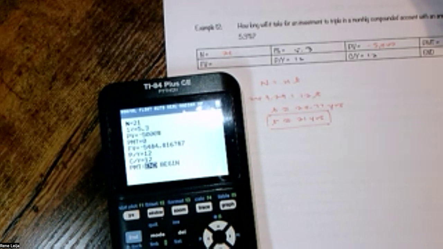I did this in class and it worked. The future value, this should be a tripled amount, and it's not. So what happened? Let's see. Hmm, I don't know.